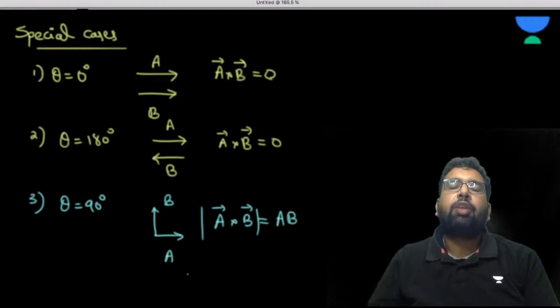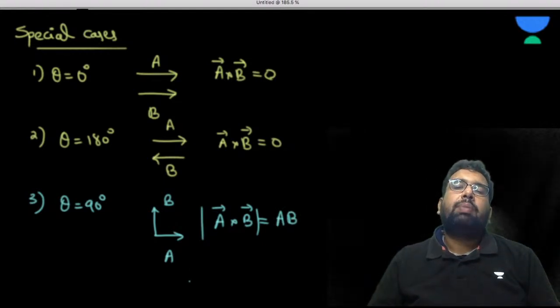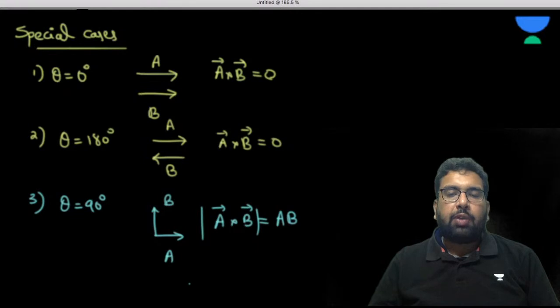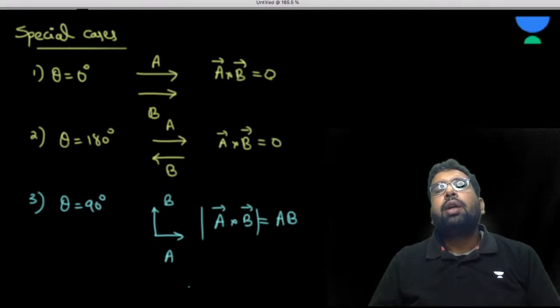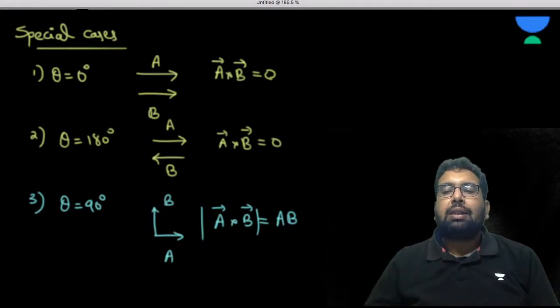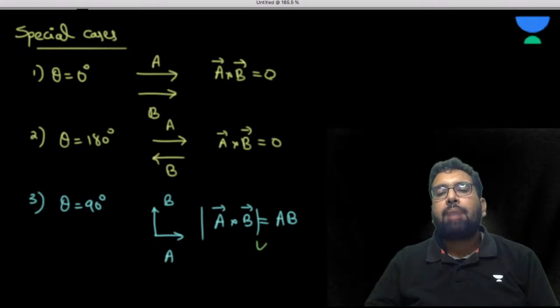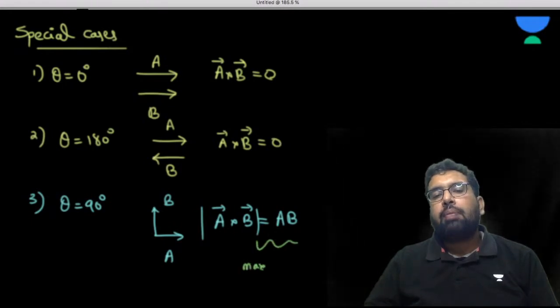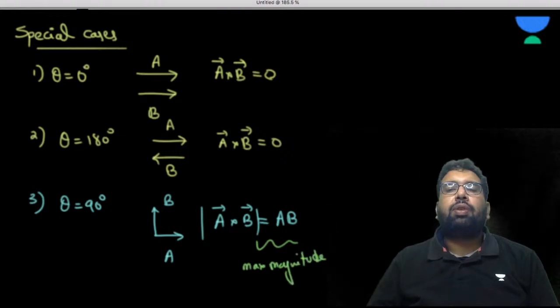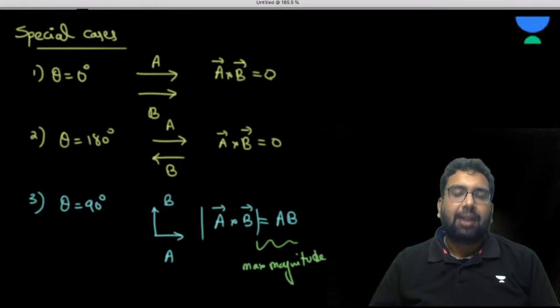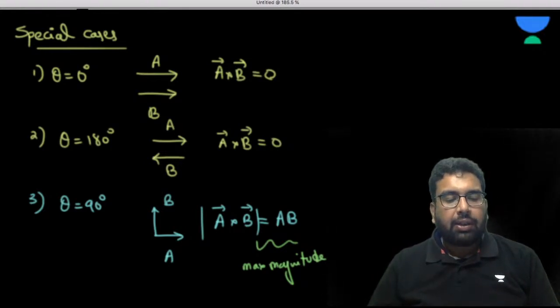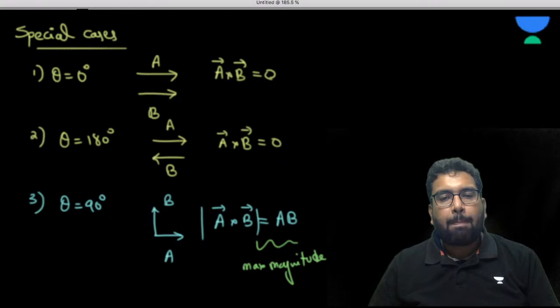That is, the magnitude of A multiplied by the magnitude of B gives the magnitude of A cross B, and this has to be the maximum magnitude. Because what is the maximum value of sine theta? The maximum value is +1, the minimum value is -1, right? So this has to be the maximum value.